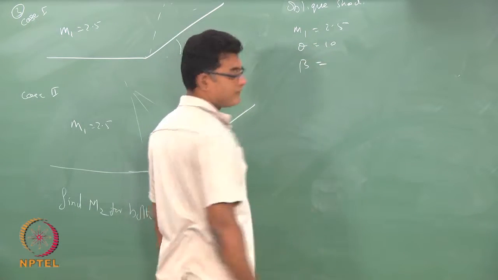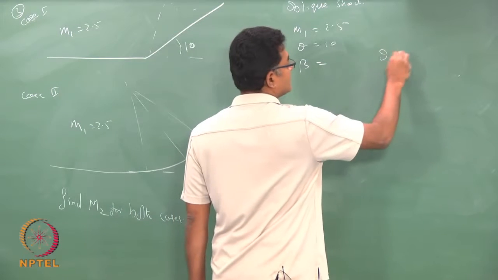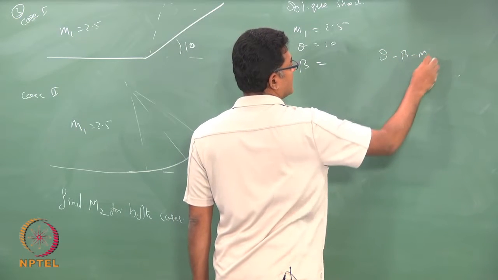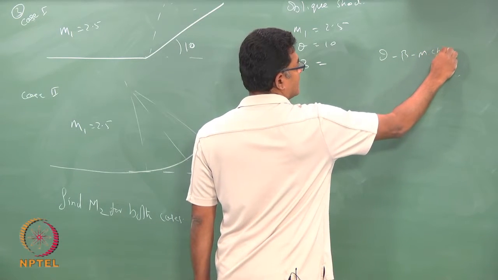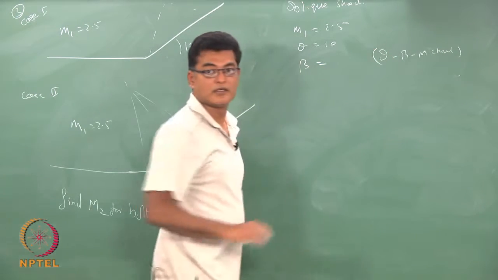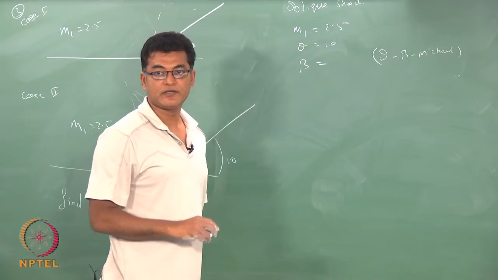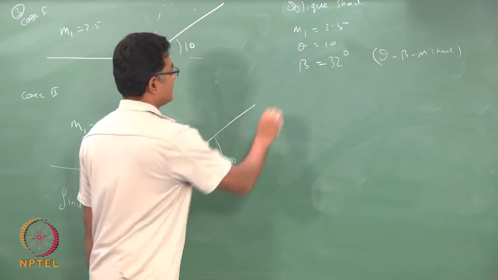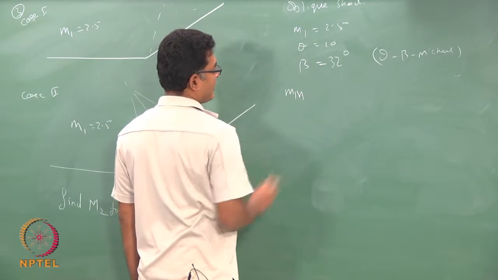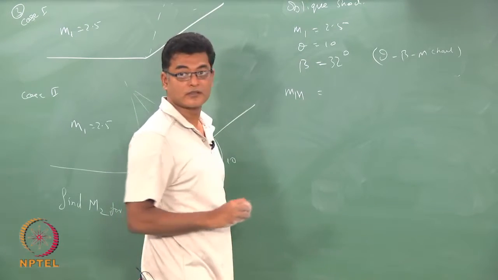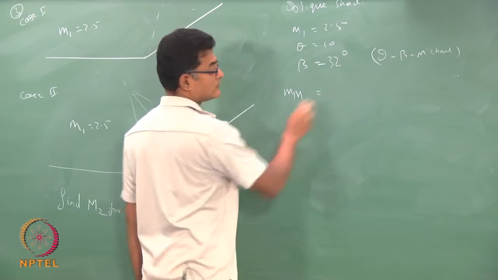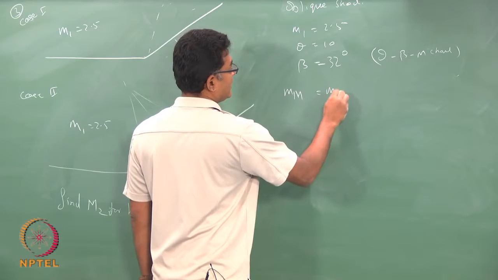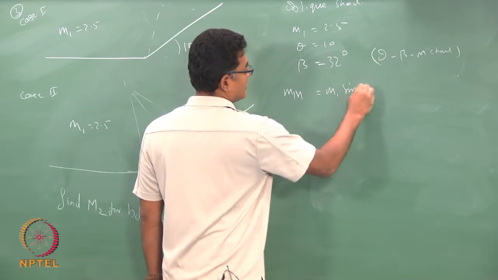So, my beta from the theta-beta chart is about 32 degrees, and I can find my M1n, which is M1 into sin beta.